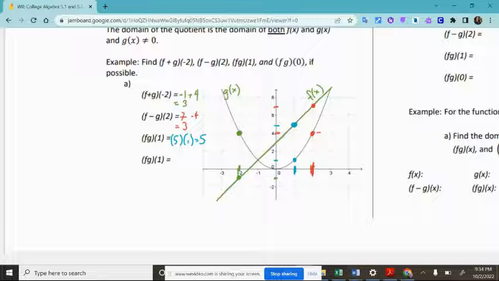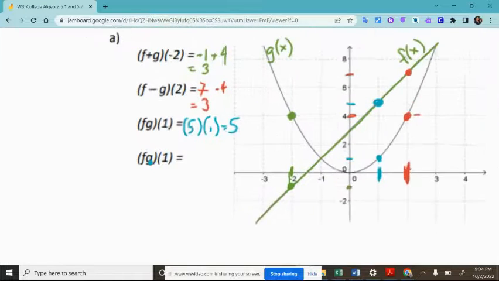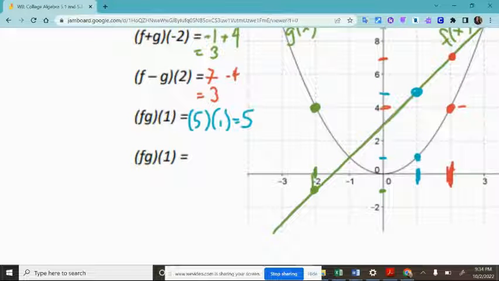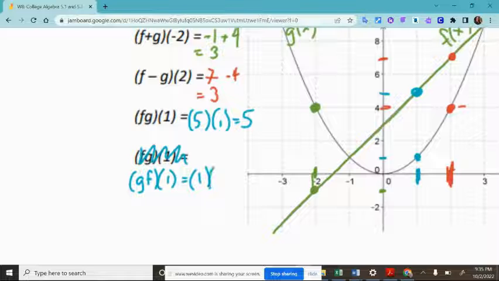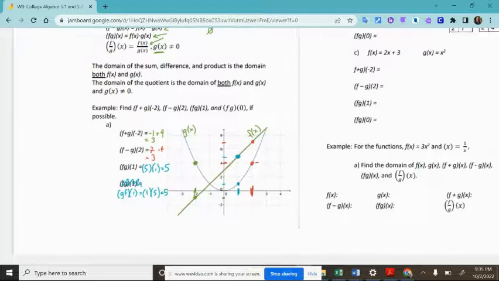I'm not sure why this is written on here twice, so I want to change that a little bit. What I am interested in is what happens if you do g times f of 1? Well, if you change the order for multiplication, it does not matter, right? No big deal.